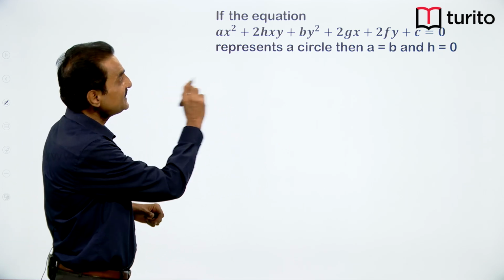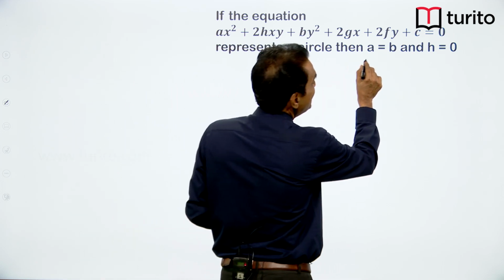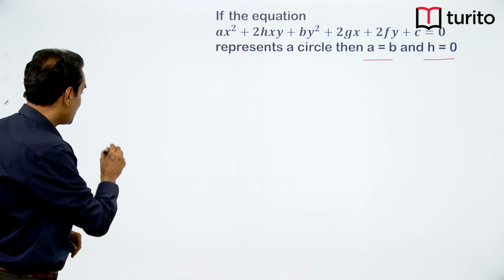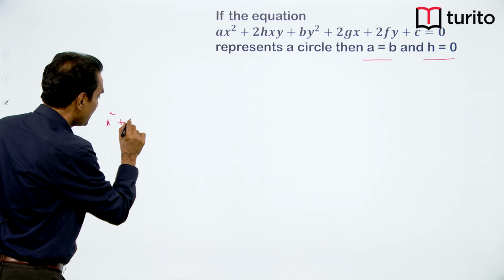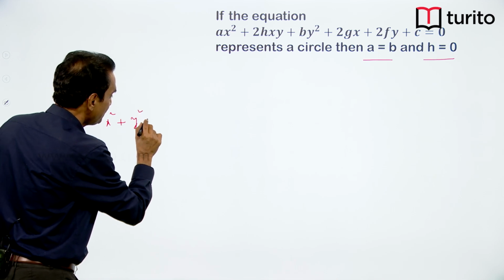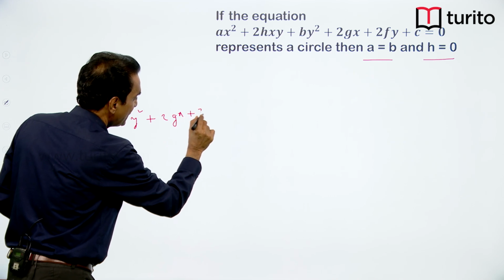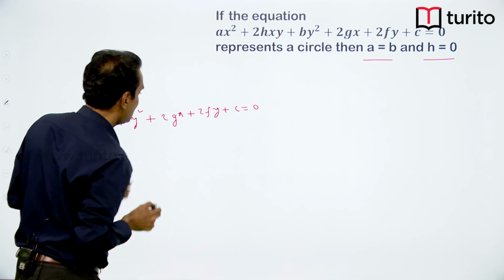Now, if this equation represents a circle, the condition is a is equal to b and h is equal to 0. Just we have derived the equation of a circle in the general form, x square plus y square plus 2gx plus 2fy plus c is equal to 0.